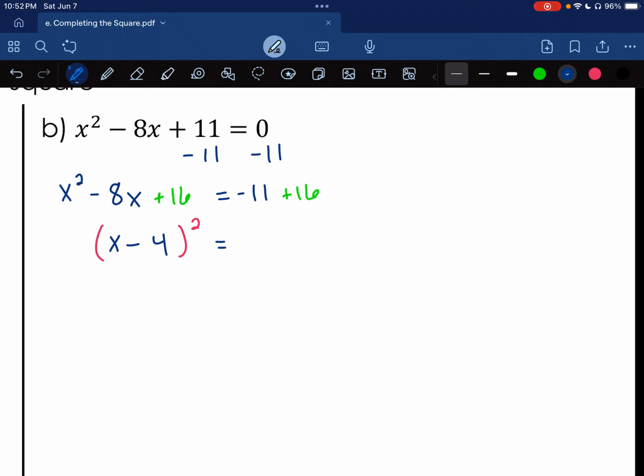All right, so we're going to square root both sides here. We're going to have x minus 4 is equal to plus or minus radical 5. And we'll add 4 to both sides. So we'll get x is equal to 4 plus or minus radical 5.